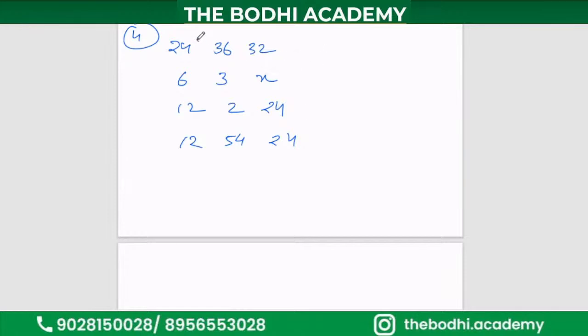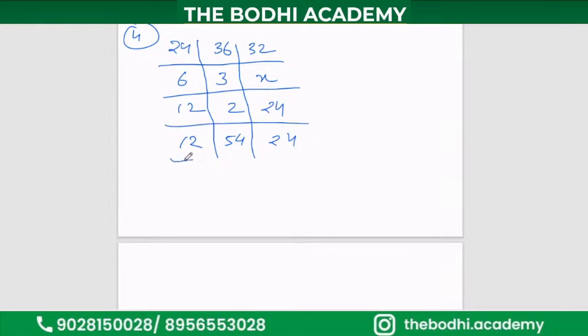Again, this is also 4 cross 3, which means the logic follows vertical. Now, how do we get the logic of question number 4? 24 is there, 6 is there, 12 and 12. Just like in the previous question, first number plus second number was equal to third number plus fourth number.